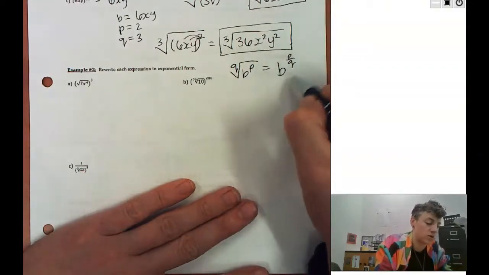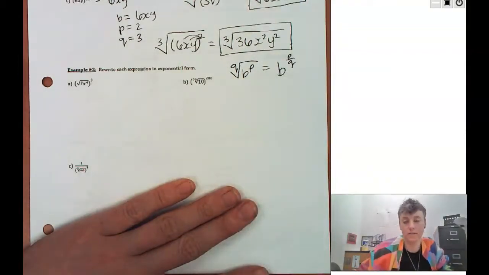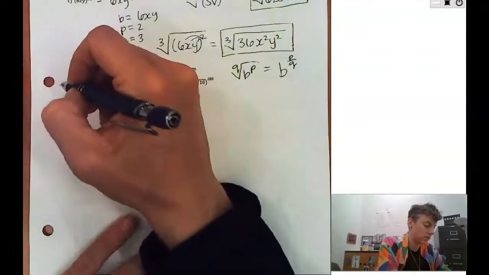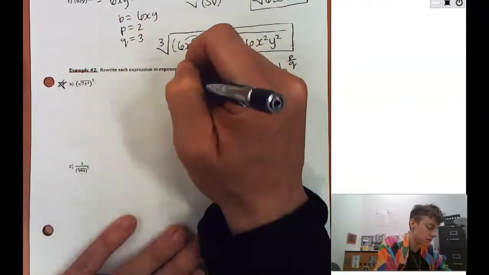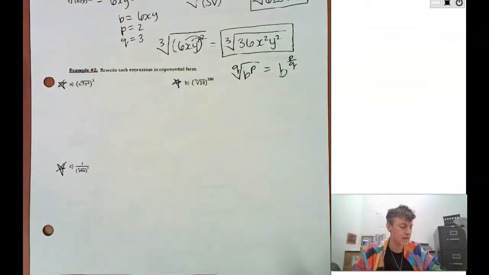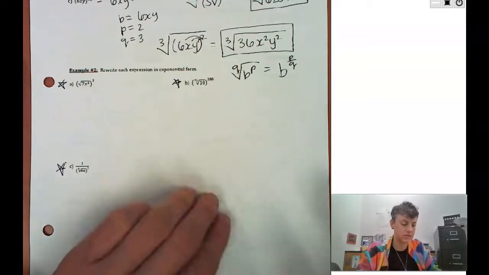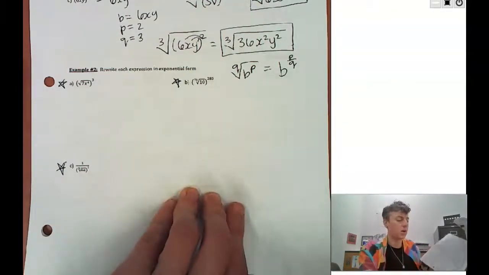So your answer should look like this. Fabulous. So again, you guys are doing all of these for me, your big fat scholar brains. And then on the very back, let's go. Ready?